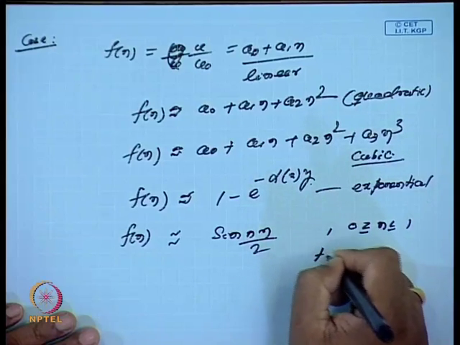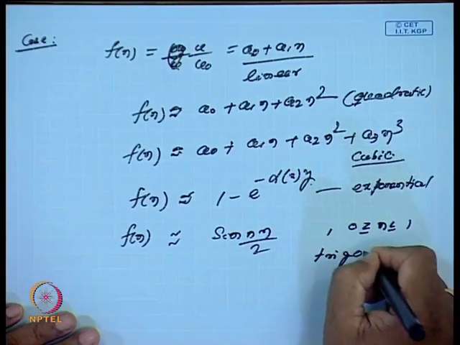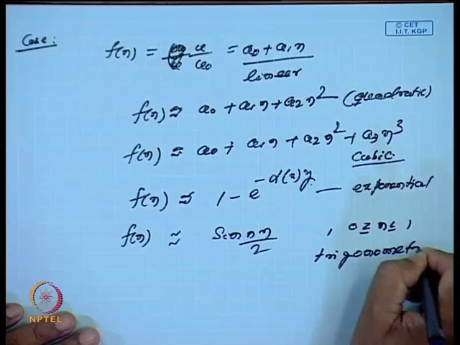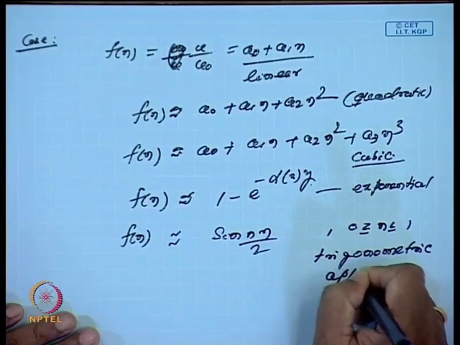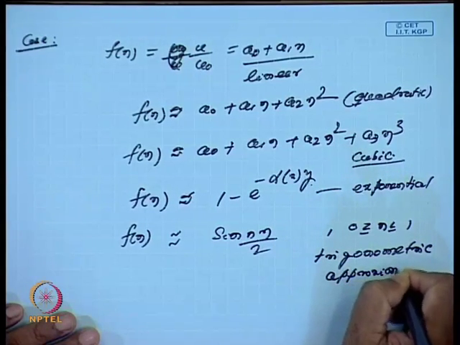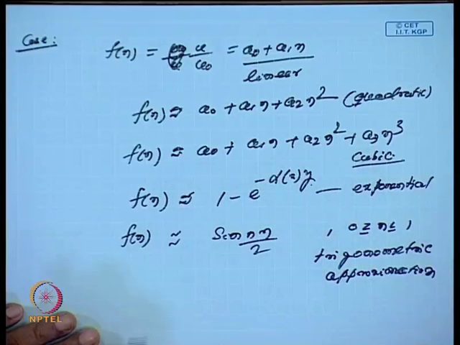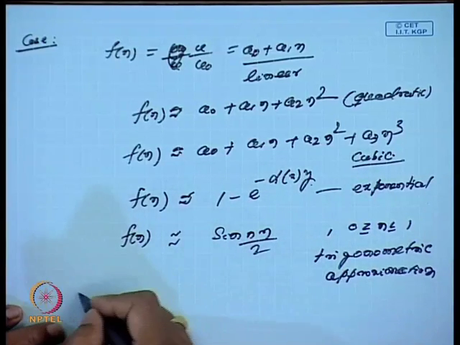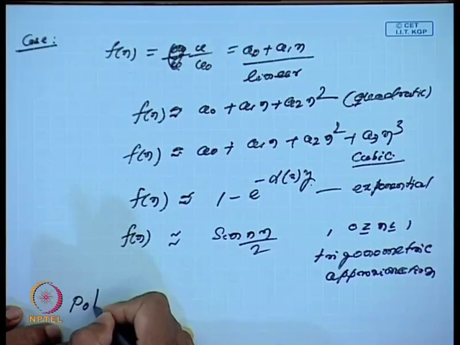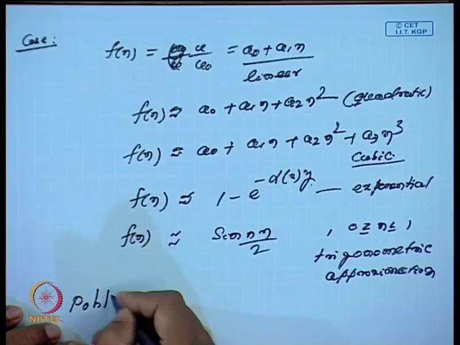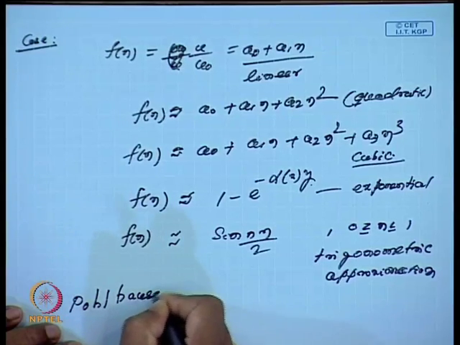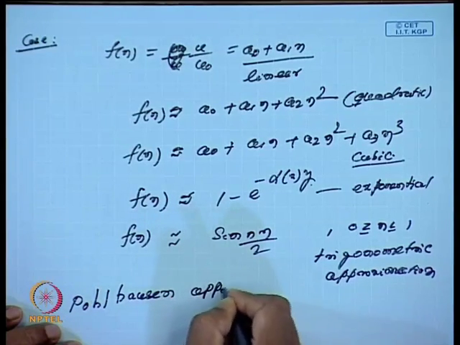This is called a trigonometric approximation. And there are many more such approximations. There is another approximation called the Pohlhausen approximation.